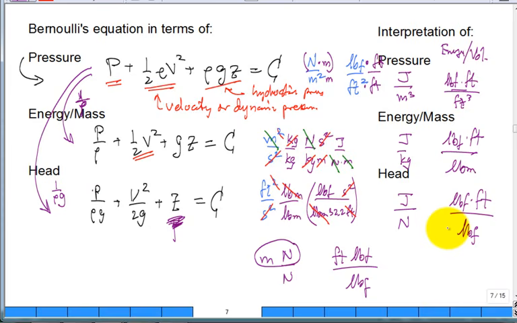Pressure interpreted as energy per unit volume. Energy per unit mass. Sometimes they'll just say head, but often if they say head, they really don't mean energy per unit mass. They really mean elevation or energy per unit weight. All of these are energy per unit something. Head is energy per unit what? Weight.